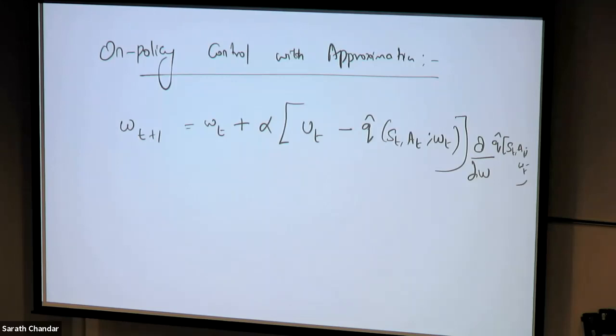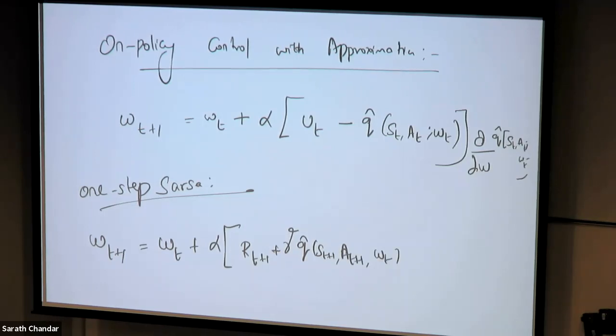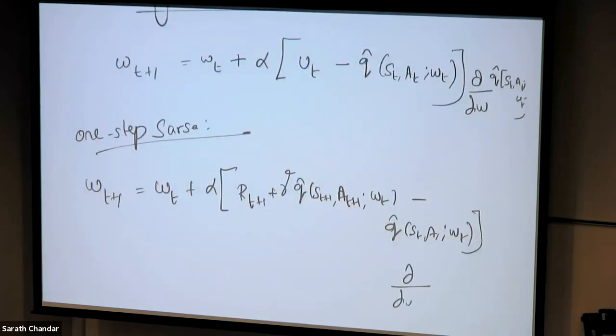For example, if you want to do one-step SARSA, which is an on-policy control algorithm, it's going to look something like this: Wt+1 is equal to Wt plus alpha times Rt+1 plus gamma times Q of St+1, At+1 given Wt, minus Q of St, At given Wt, the whole thing multiplied by dou by dou W of Q hat of St, At given Wt.